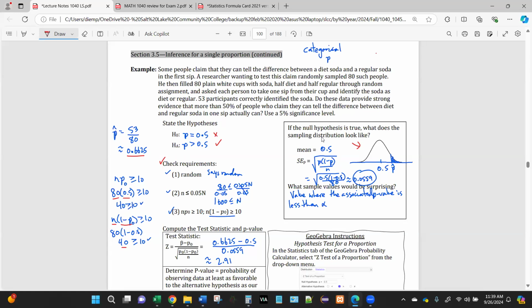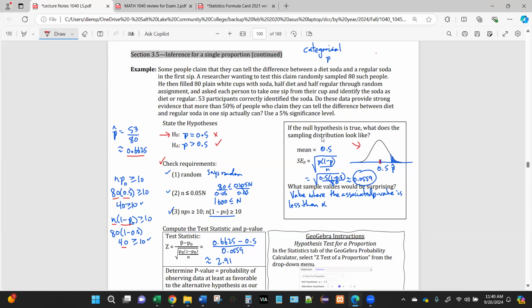That was a big part of what we did in chapter 3, talking about the sampling distribution. So if the null is true, then it's not a majority, it's just 50%. Then the middle of that distribution should be 0.5, right? So the middle is 0.5 if the null is true.